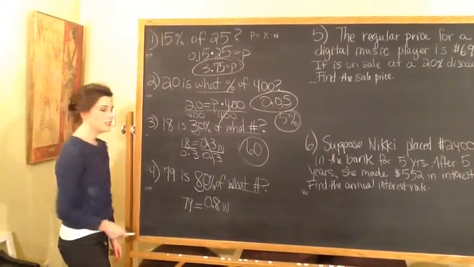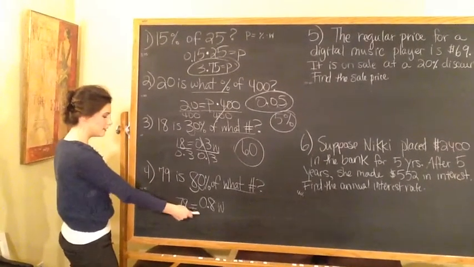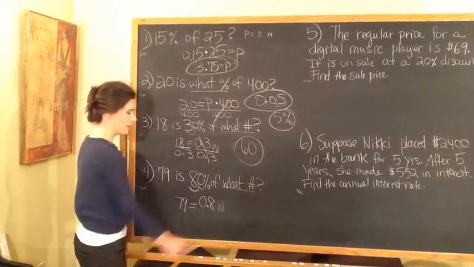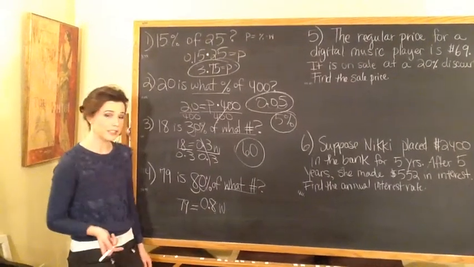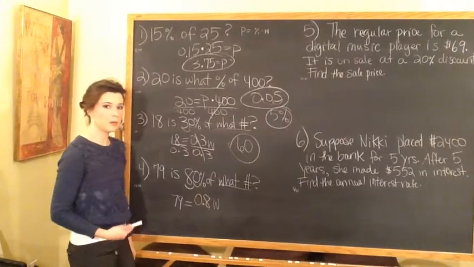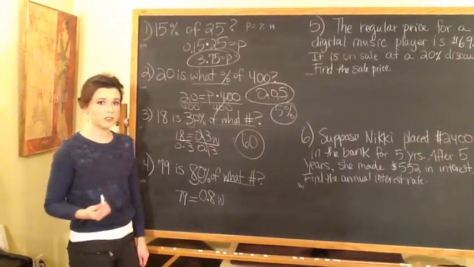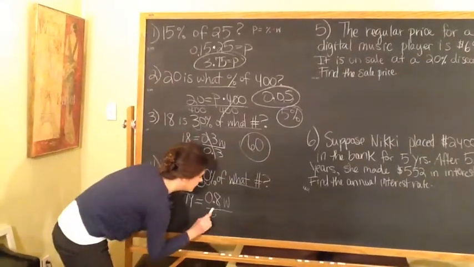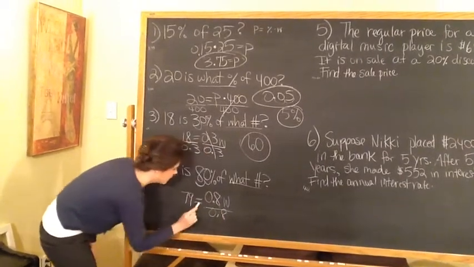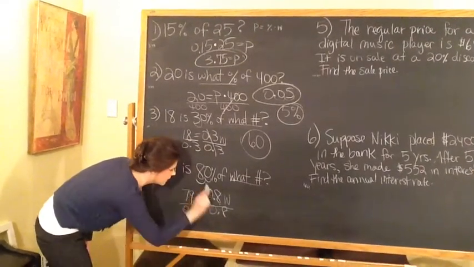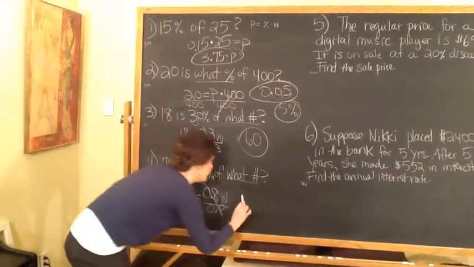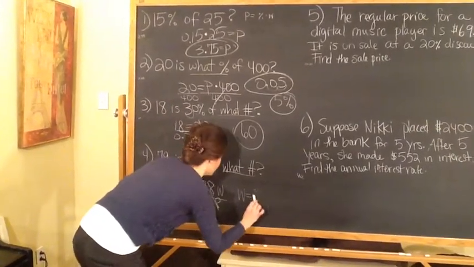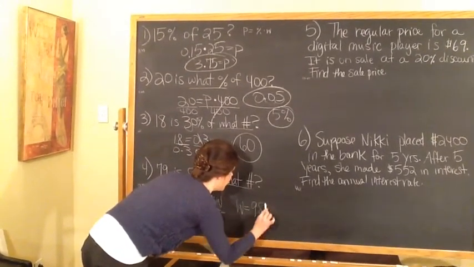So I know I put it in the right spot because I have 79 is 80% of what number. So now I'm going to go ahead and solve for my missing variable. So since we're multiplying here, we want to do the inverse operation, which is division. So we're going to divide by 0.8 on both sides, this is going to cancel out, and we're going to get that w is equal to 98.75.